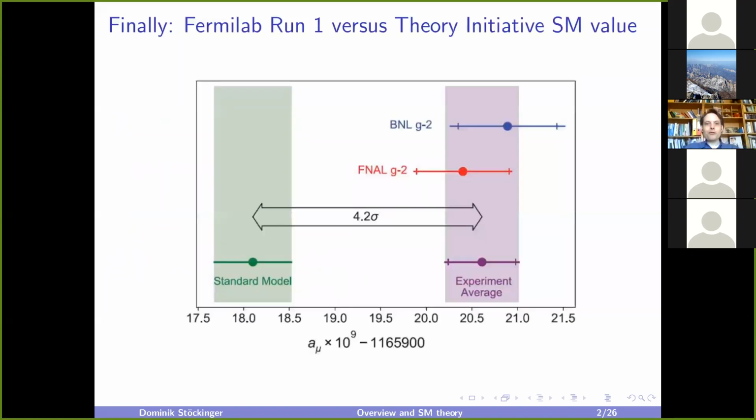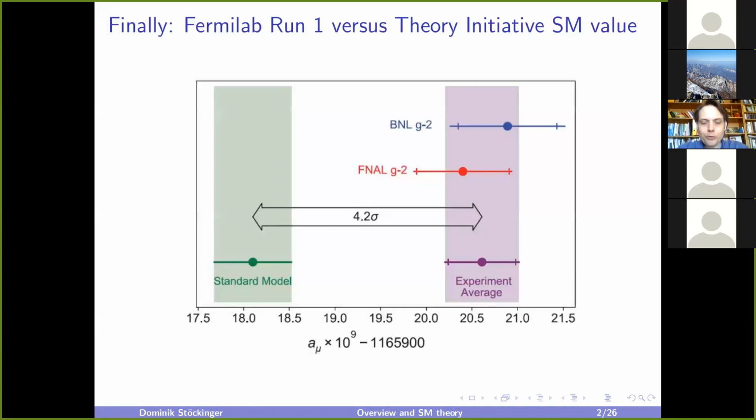So I guess everybody has seen this famous plot from the Fermilab G-2 collaboration, where you see the result that was announced 2 weeks ago from the Fermilab G-2 experiment. And the first very important statement to make is that it agrees really perfectly with the previous Brookhaven G-2 determination.